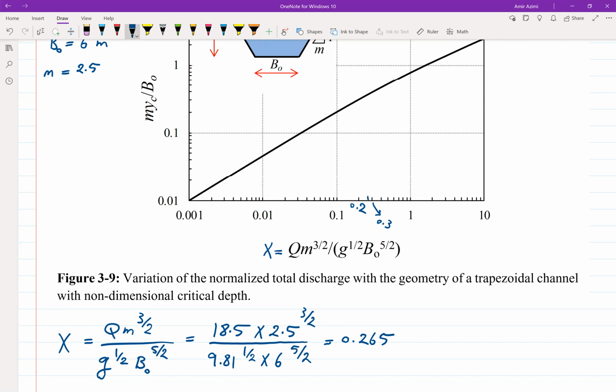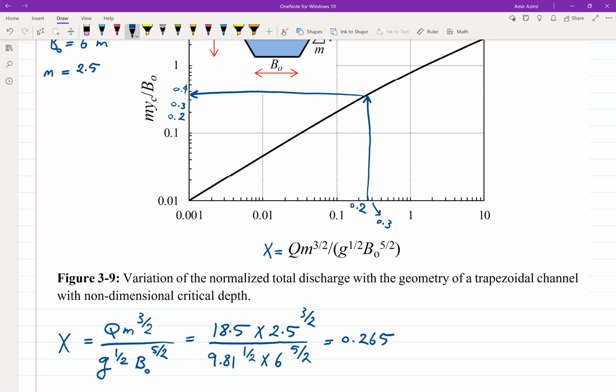I just need to go up and hit the curve here. So this is 0.1, then I have 0.2 here, 0.3, and then 0.4. So it is slightly below 0.4 and way above 0.3.